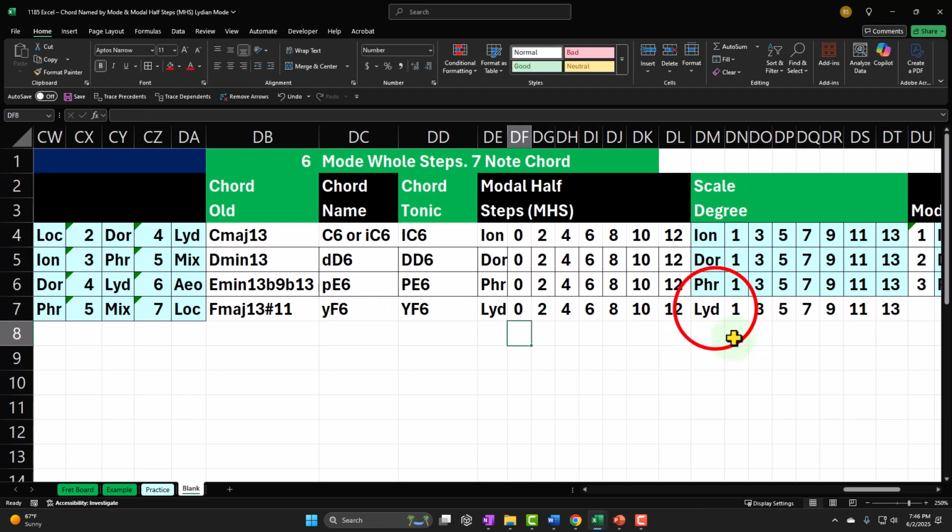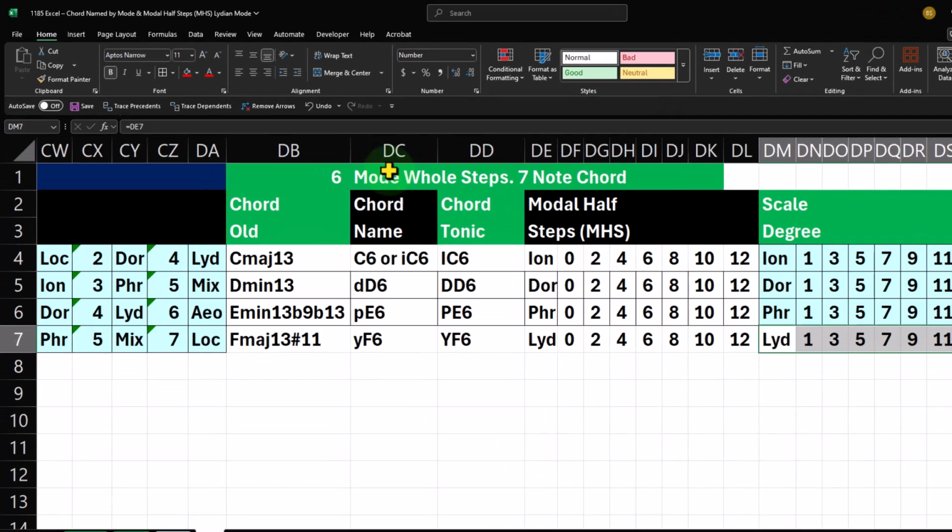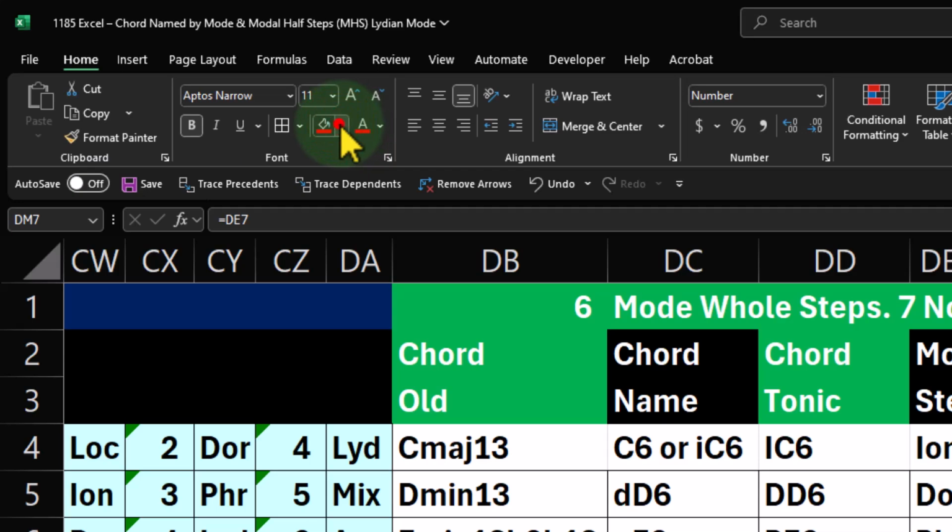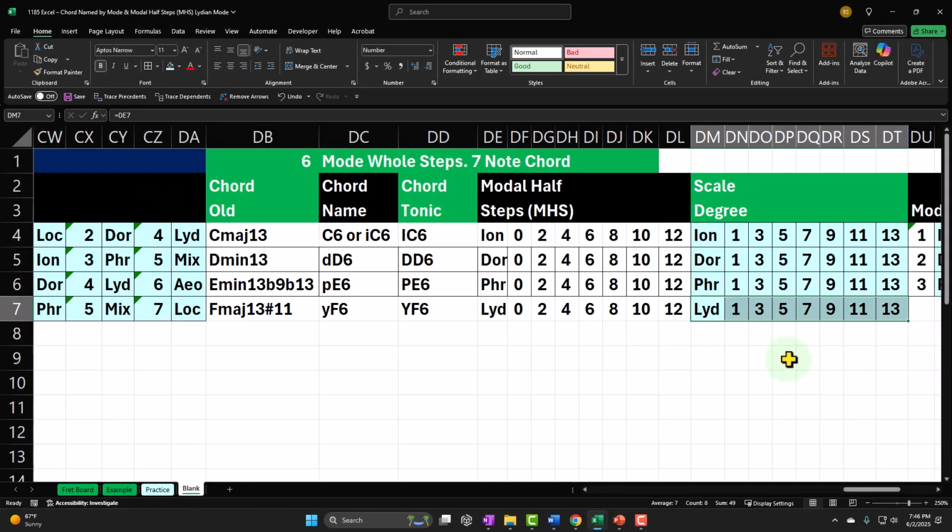So from a scale degree standpoint, we would make the 1 of the Lydian, and then say that we have a chord that has scale degrees of 1, 3, 5, 7, and then the 9 is equivalent to the 2, the 11 is equivalent to the 4, and the 13 is equivalent to the 6.